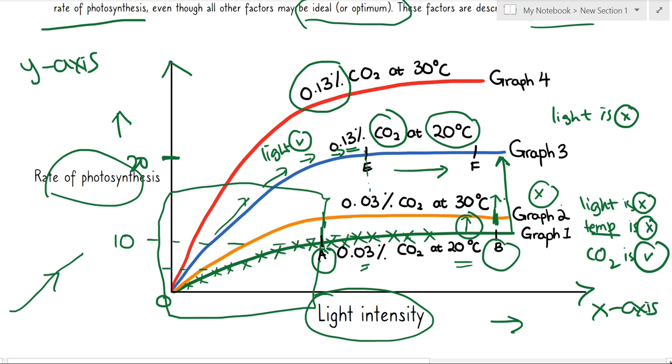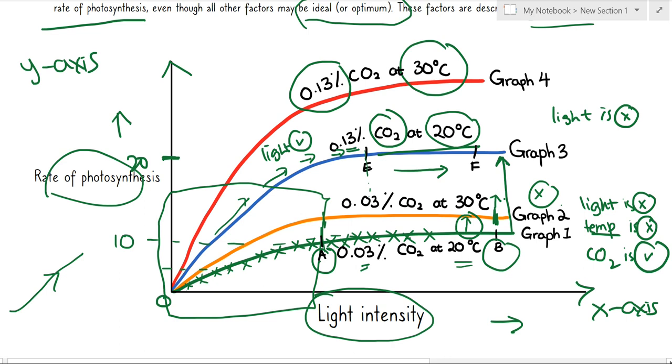the limiting factor is no longer carbon dioxide, but temperature, because we've already increased the carbon dioxide level, but it stays stagnant here. Light intensity is also not going to increase it.